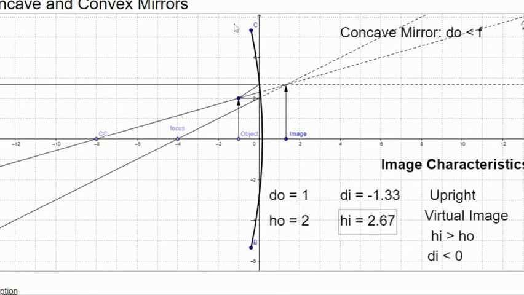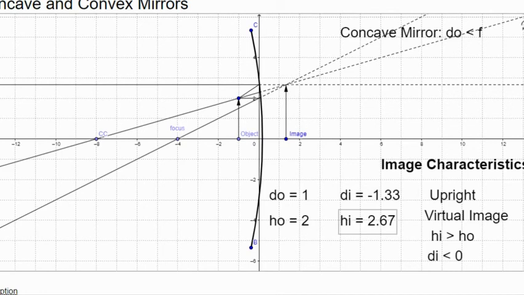Not only does that mirror help them see parts of your teeth that are hard to see without a mirror because they're way in the back of your mouth, but the mirror is curved so that it enlarges the tooth, or more specifically, it enlarges any problems, build up plaque, cavities, anything like that, so the dentist can see them more easily. But that's one or two of the common uses of a concave mirror.